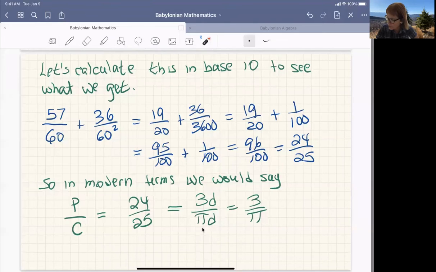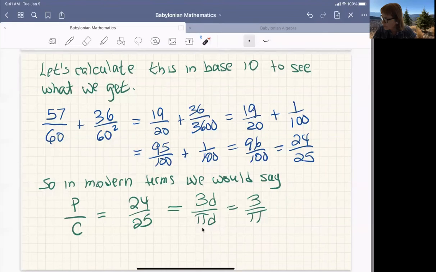And then I'm going to go ahead and say, well, what is 60 squared? So 60 times 60 is 3600. Let's simplify further. So this is still 19 over 20, but this is 36 divided by 3600. I divide the numerator and denominator by 36 to get 1 over 100.